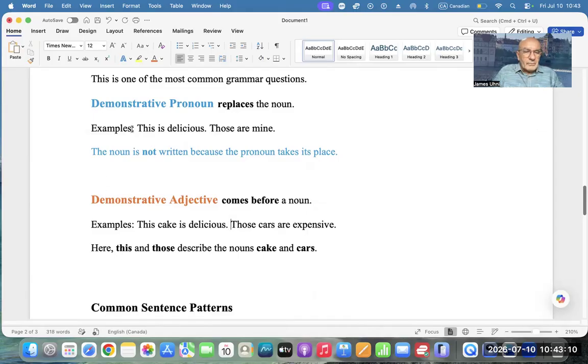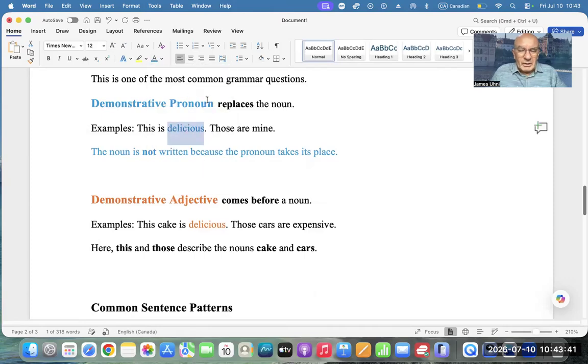Look at this. This is delicious. What is delicious? Now we have over here, this cake is delicious. Wow. So it is the same word, and it is an adjective, while here, delicious is a pronoun. Why is that?